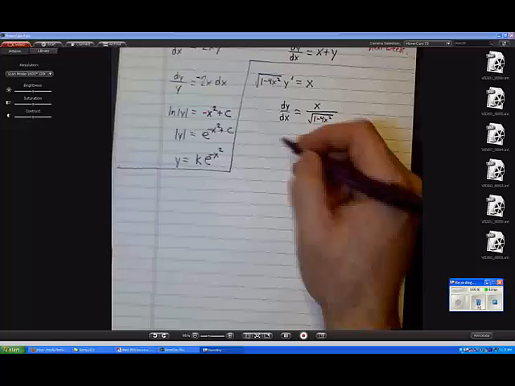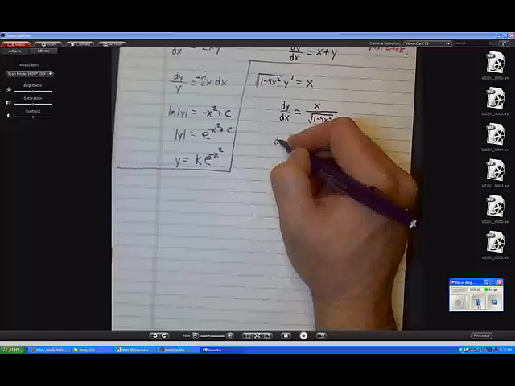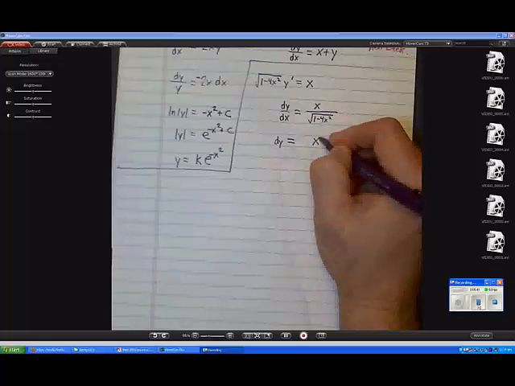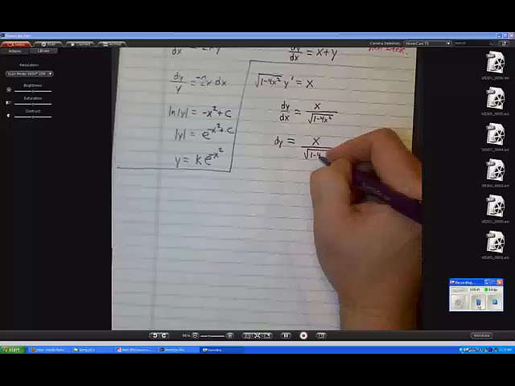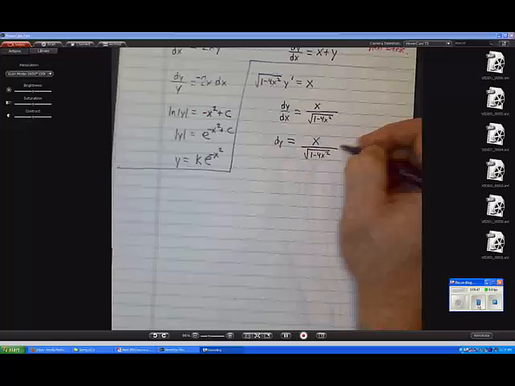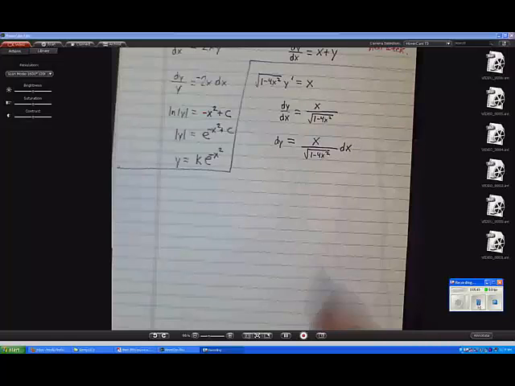So I would write what? dy is equal to x over the square root of 1 minus 4x squared dx. And so now it comes down to just integrating both sides, right?